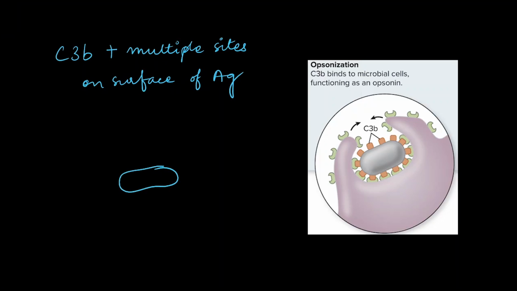Suppose this is the pathogen or this is the antigen, and here the C3b molecules, because it's an opsonin, will be binding with this antigen on the different sites on the surface, and after binding with this, they will bind with the receptor, suppose this red one is the receptor, of the phagocytic cells, and after binding with these receptors, they are able to engulf, or there is a further phagocytosis.